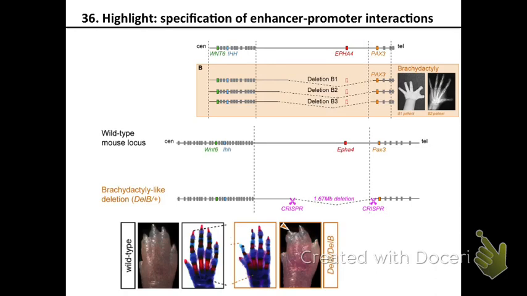Mice are just like humans, right? They have fingers, so we can look at them. And what you can see, which is amazing, is that in a wild-type mouse, these are the different lengths of each of the mouse fingers, and then this deletion caused a brachydactyly in which one of the fingers is now short, right? Awesome. Now you have a model in which you can study this disease, right?